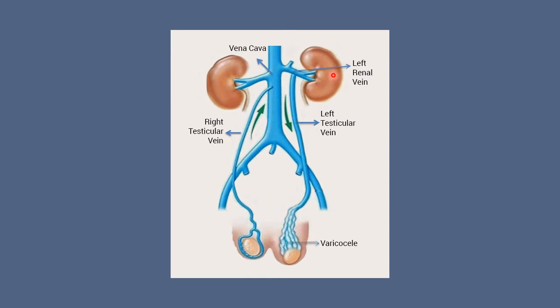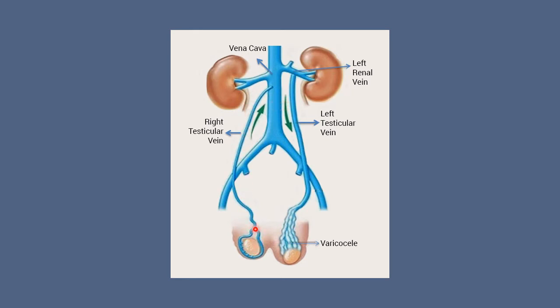This is the outline of the venous drainage of the kidney. Okay, as I said, the veins drain into the renal vein on the right and left side, which then carries the blood into the vena cava. Of importance is the difference between the testicular vein on the left and right side.